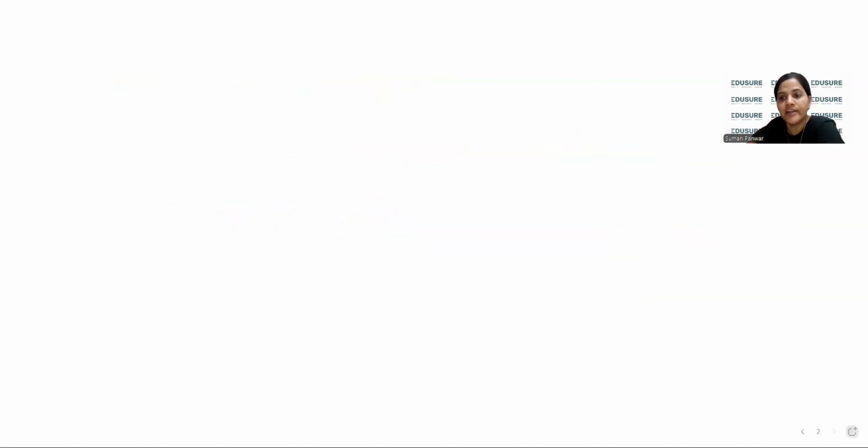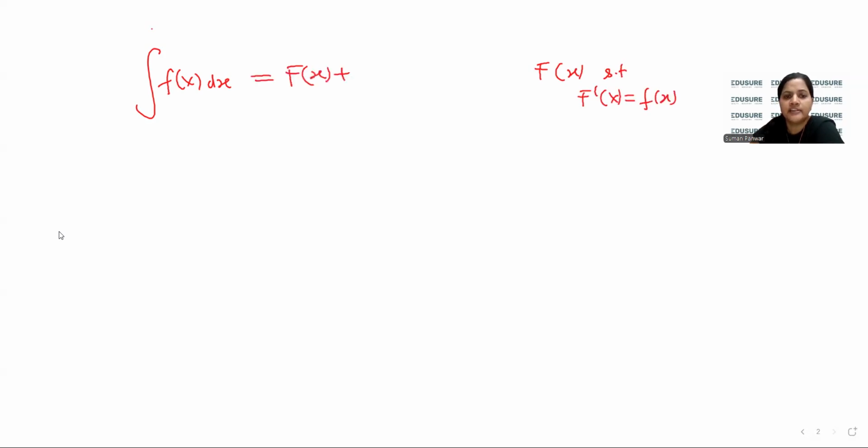Indefinite integrals are taught to learn how to calculate the antiderivatives. For example, whenever I say integral of f(x) dx, we basically need to find out an F(x) such that F dash x is equal to f(x). And we get this.